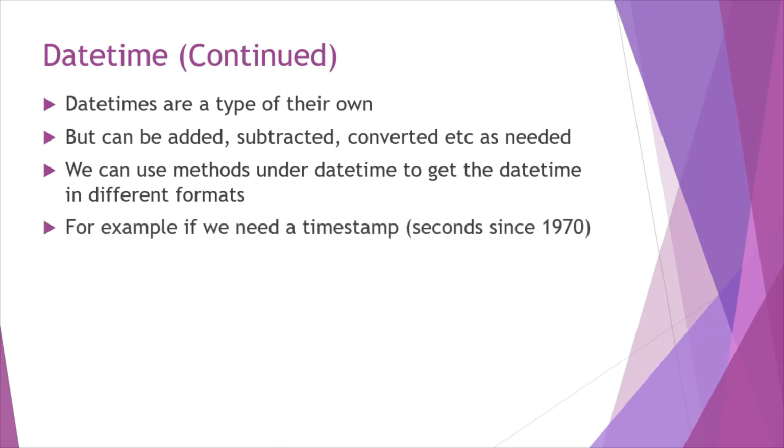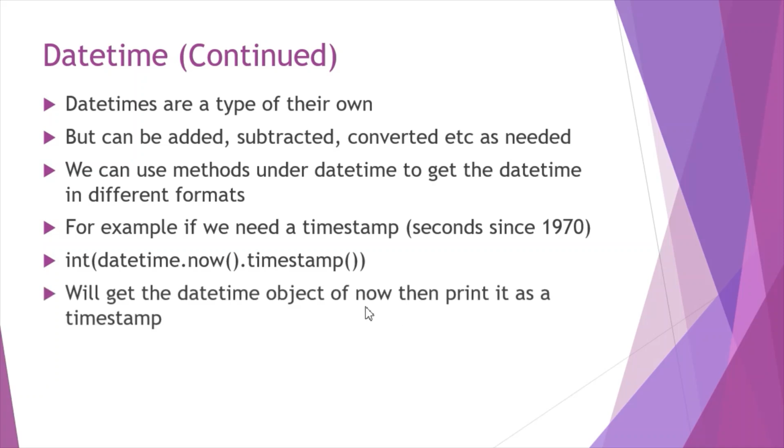For example, if we need a timestamp, which is seconds since 1970, we just do datetime.now().timestamp, and that will then give us an integer of the seconds since 1970. So as you can see, within the datetime there are also functions and methods that we can use to then get things out in standard Python.